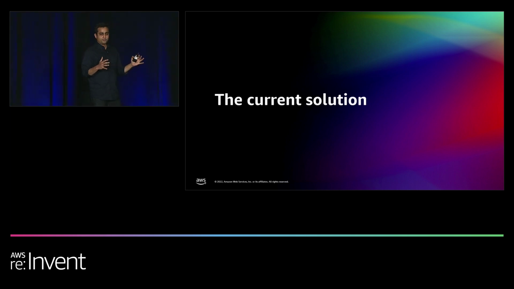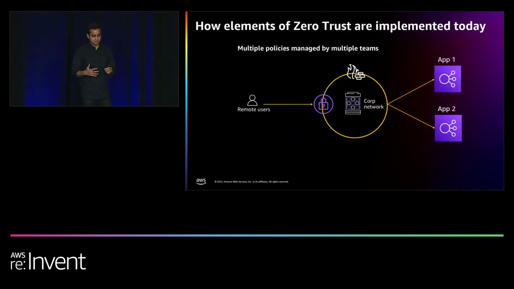Now, these are all known facts, right? Our customers have been trying to build elements of zero trust into their networks for a few years. So let's see how the current solution looks. You have the perimeter, so you protect the perimeter. There are VPNs, firewalls, and other things that you manage.